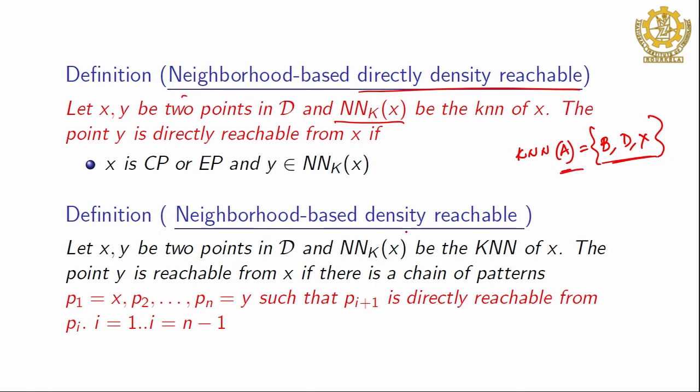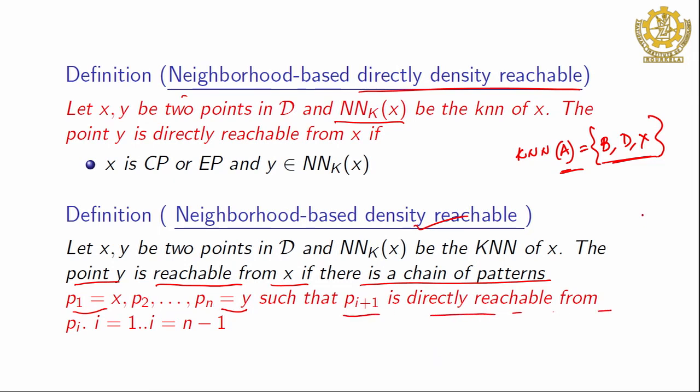Similarly, we studied density reachable. The point y is reachable from x if there is a chain of points, a sequence of points starting from P1 x to the last point y, such that each point is directly density reachable.